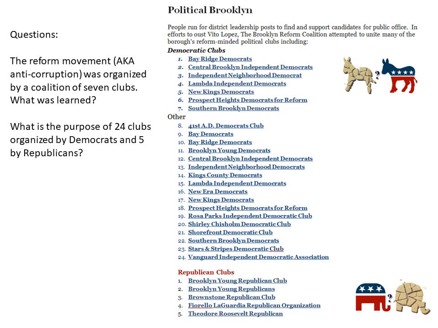So it's important for participants in Indivisible 9th and the resistance movement in general throughout Brooklyn to understand what was learned and what is the path moving forward, such as the purpose of 24 Democratic clubs and 5 Republican. It's probably quite reasonable. It's just worthy of additional research for empowerment purposes.